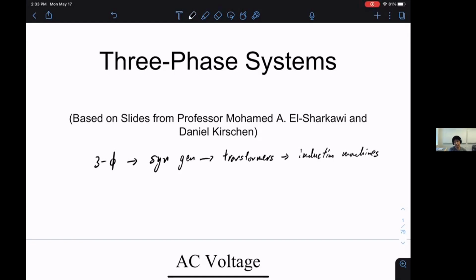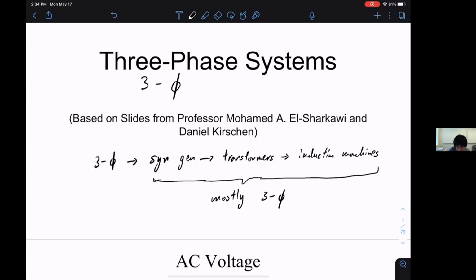Those are the main topics for the rest of the course. So you see why we start with three-phase systems, because all of the generation, transformer, and machines technology is mostly three-phase.